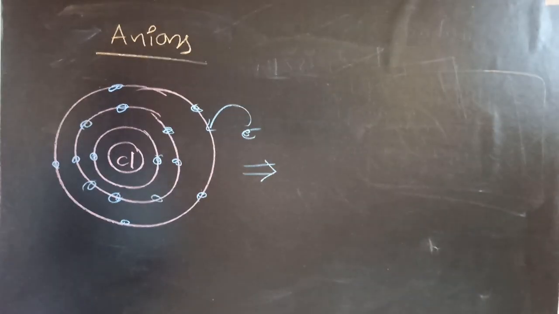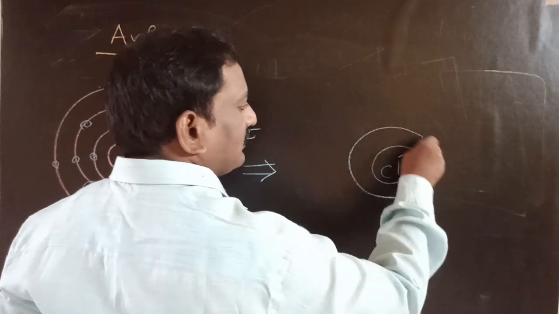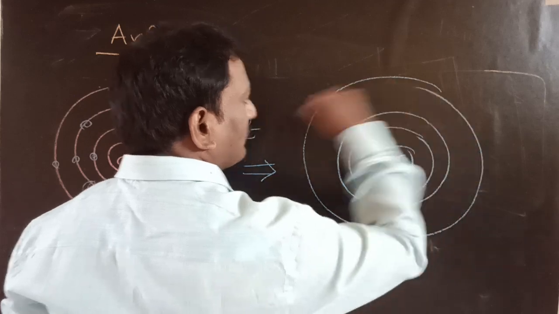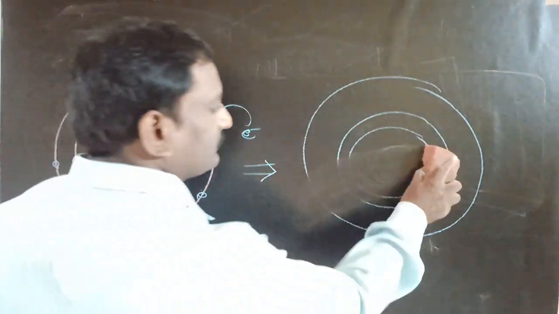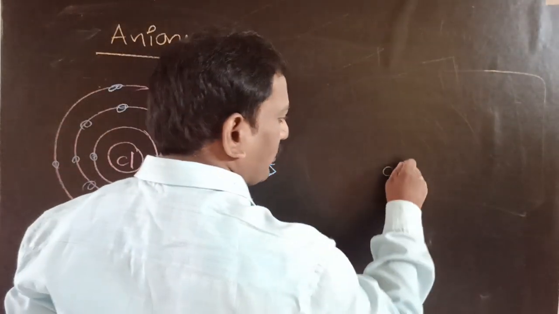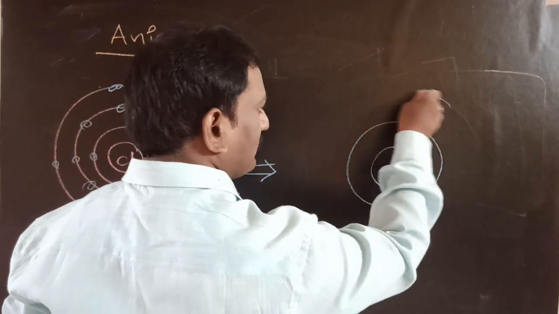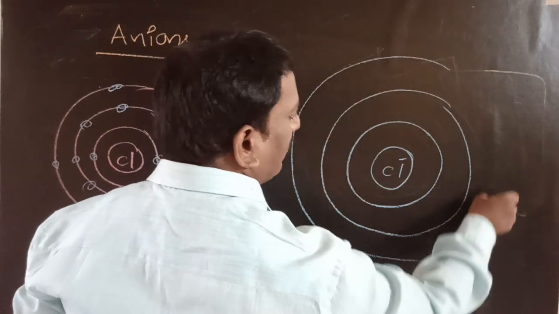If it gains an electron, in the case of chloride ion, 3 shells are there. Let me draw in detail. Chloride ion: nucleus, first shell, second shell, third shell.